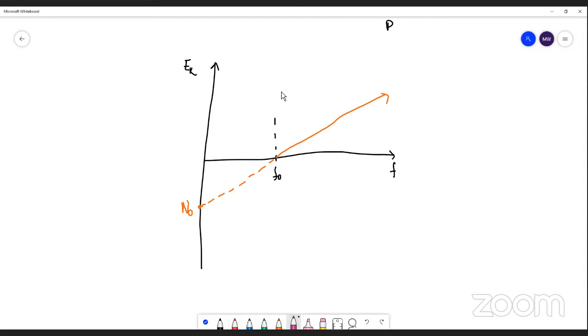So if you look at your formula, EK max is equal to hf minus W naught. This is your y-intercept. This is your x-intercept.